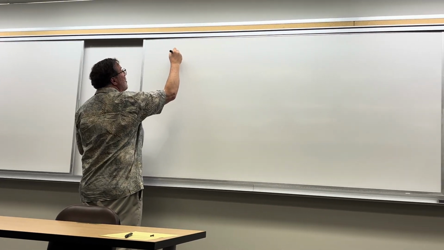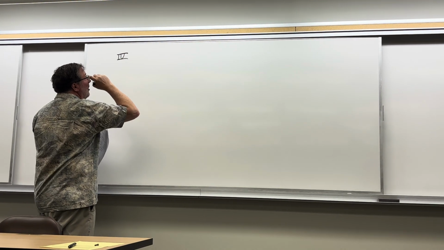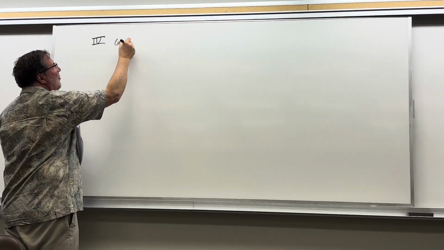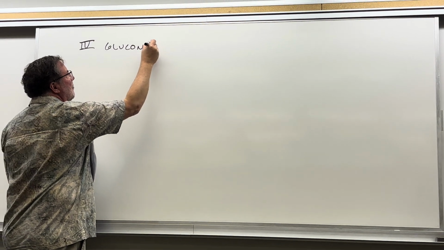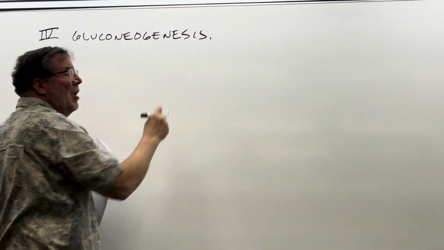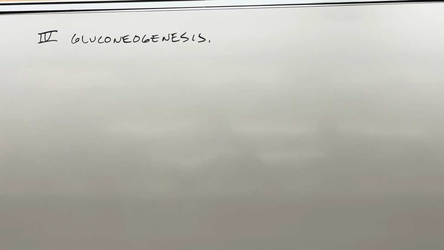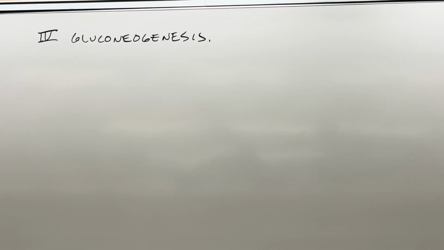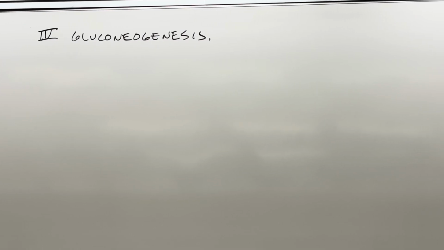So 4 is gluconeogenesis. Gluconeogenesis doesn't happen in the muscle. It's very tissue specific. It happens in the liver because the metabolic role of the liver is to help maintain blood glucose levels. Muscles, not so much. The muscle just wants to consume glucose, make ATP, and be able to drive muscle contraction.